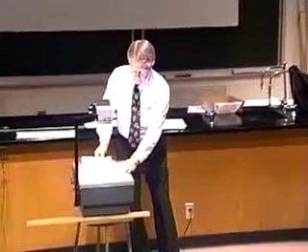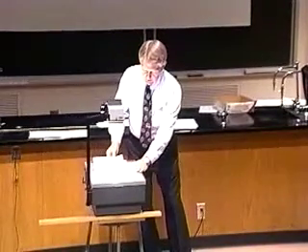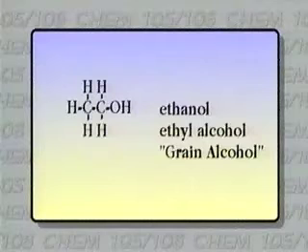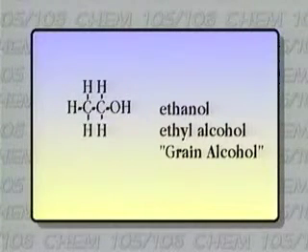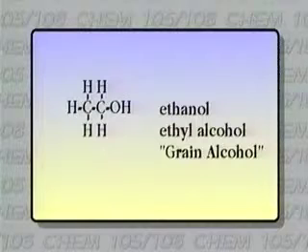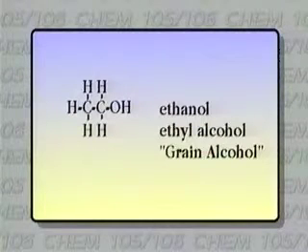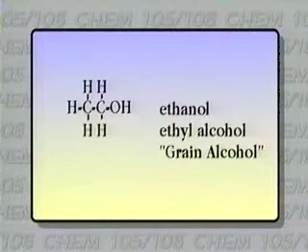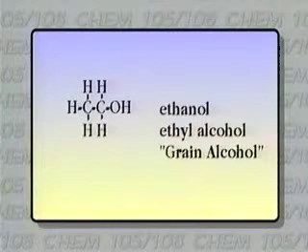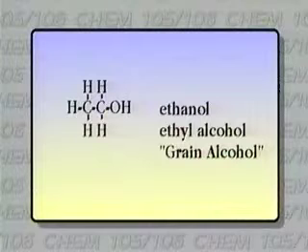The next one then contains 2 carbons, and of course that's ethane was its parent name. And of course from ethane then, again, officially we would drop the E and add OL, and so this is called ethanol.